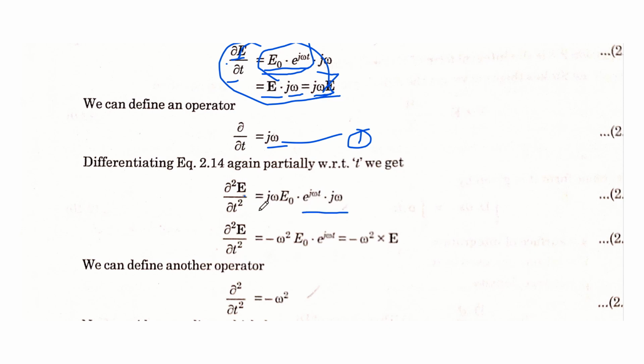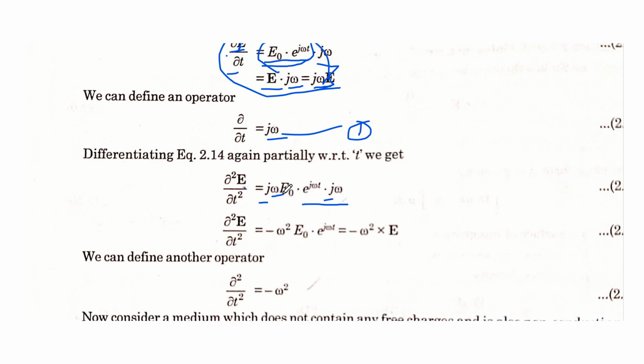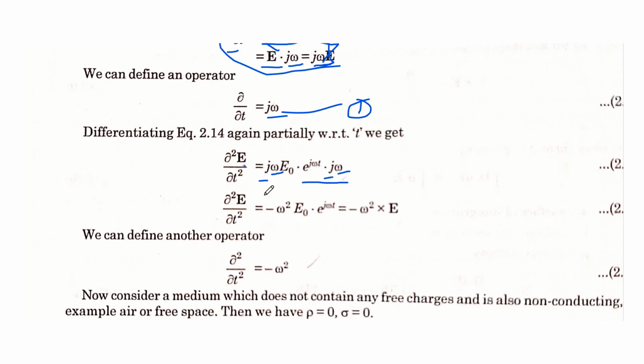Here observe, j is repeated twice, that is j into j is j square, and we know j square is equal to minus 1. Also omega into omega is omega square. So the equation will be minus omega square E naught into e power j omega t.